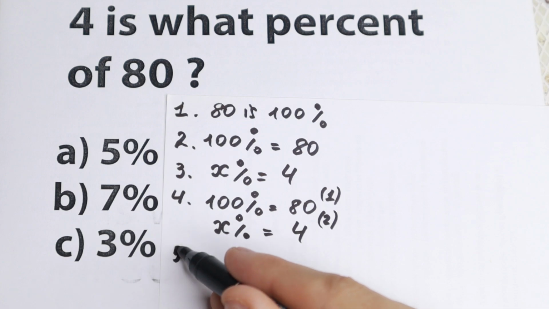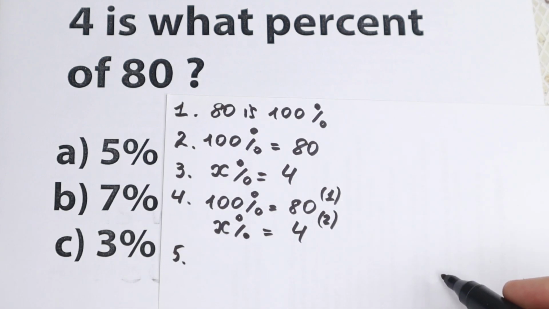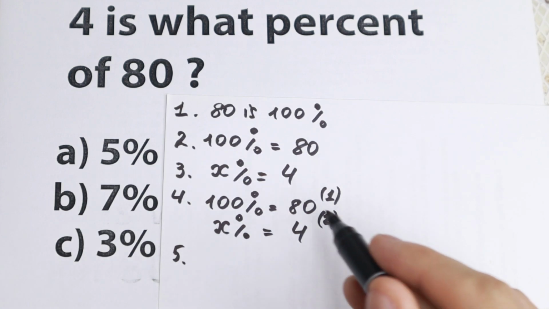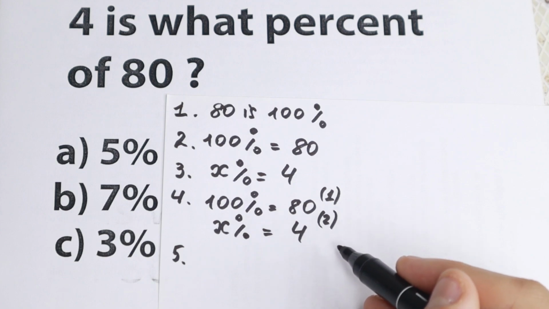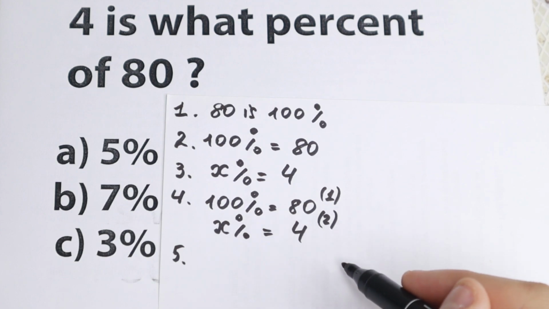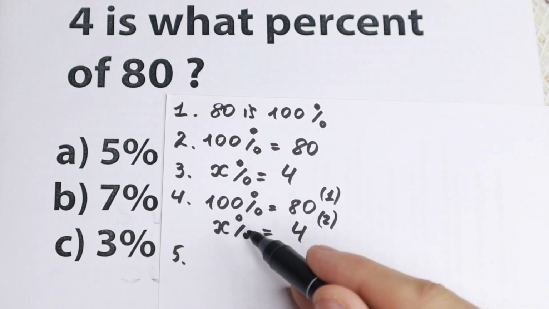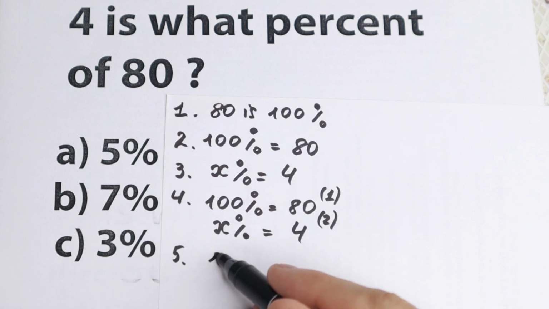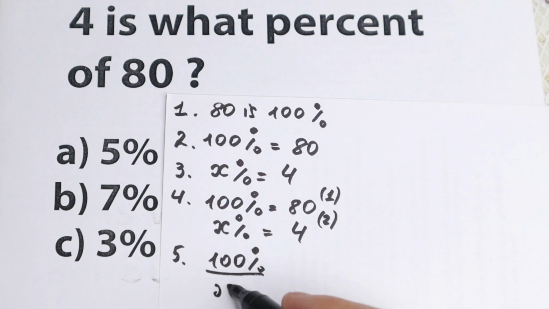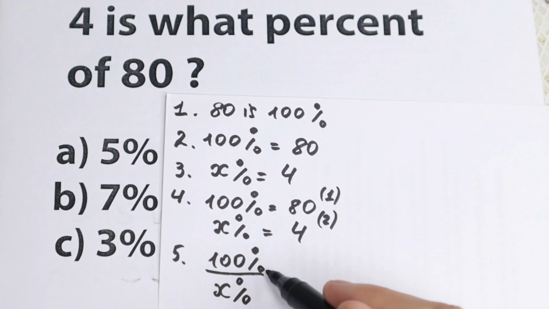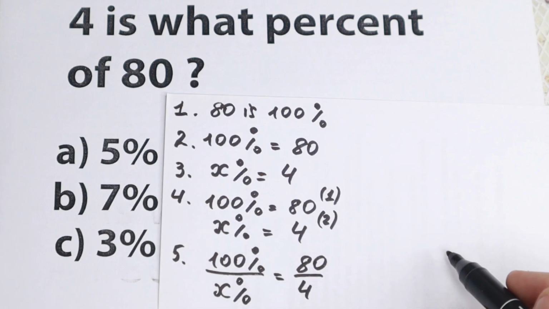Okay, the fifth step. I hope you understand this explanation, and right now we are going to solve the problem. In the fifth step, we simply divide equation 1 by equation 2, noting that the left-hand sides of both equations have the same unit, percent. So we have 100% over x% equals 80 over 4.